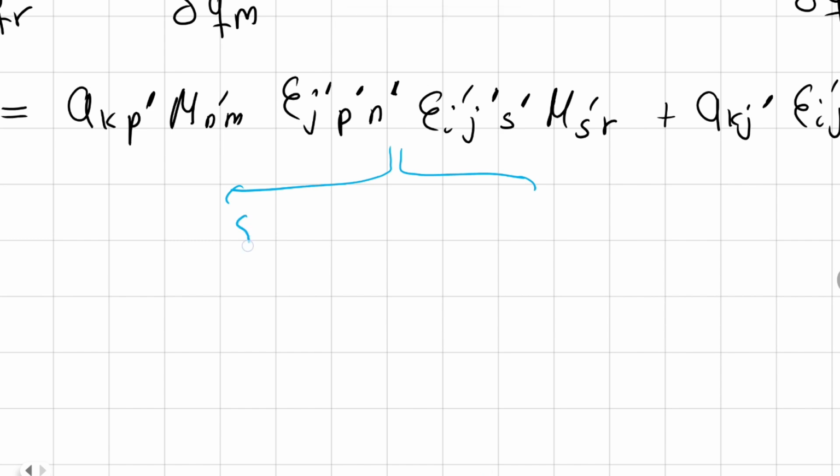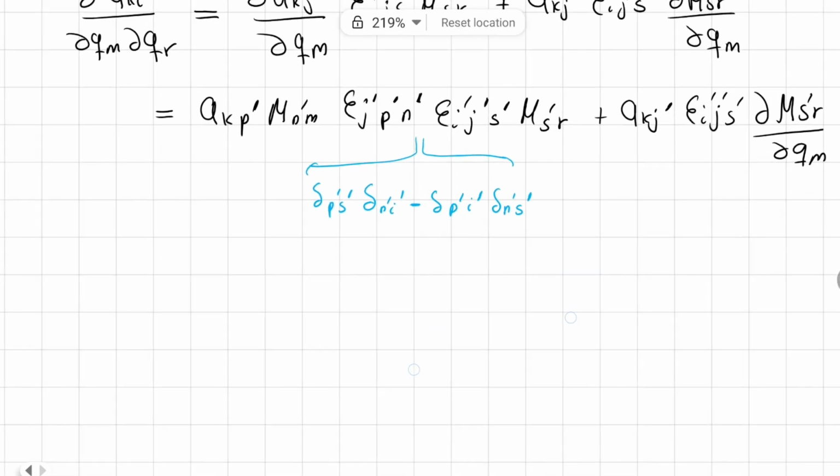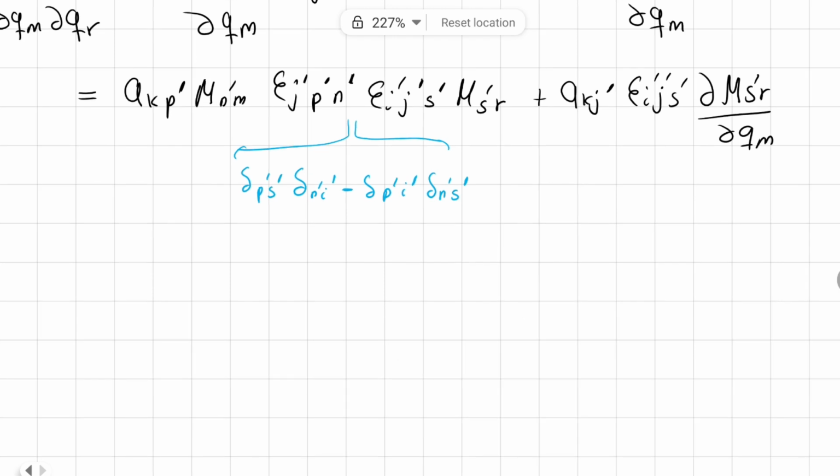If we follow that formula, this product of Levi-Civitas will be the Kronecker delta P S, Kronecker delta N I minus Kronecker delta P I Kronecker delta N S prime. This is just if we follow the formula, of course. So the result of this is going to be A K P M N M.